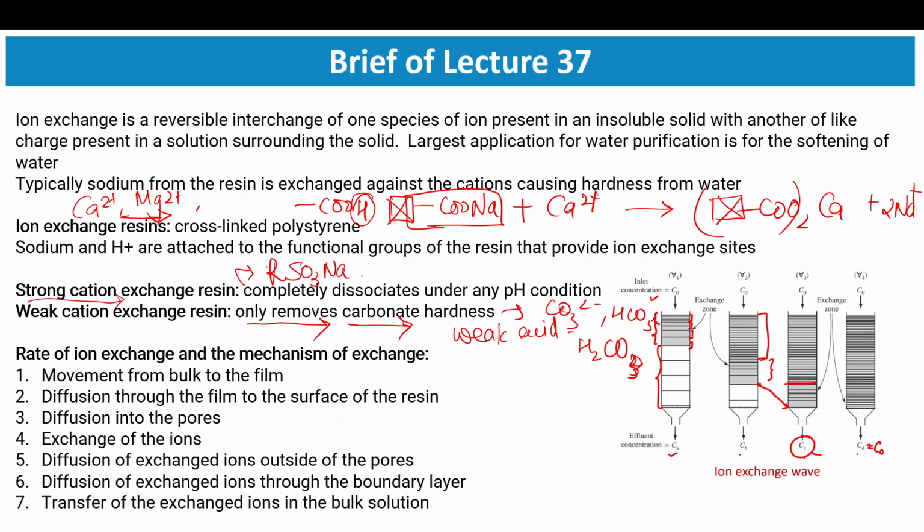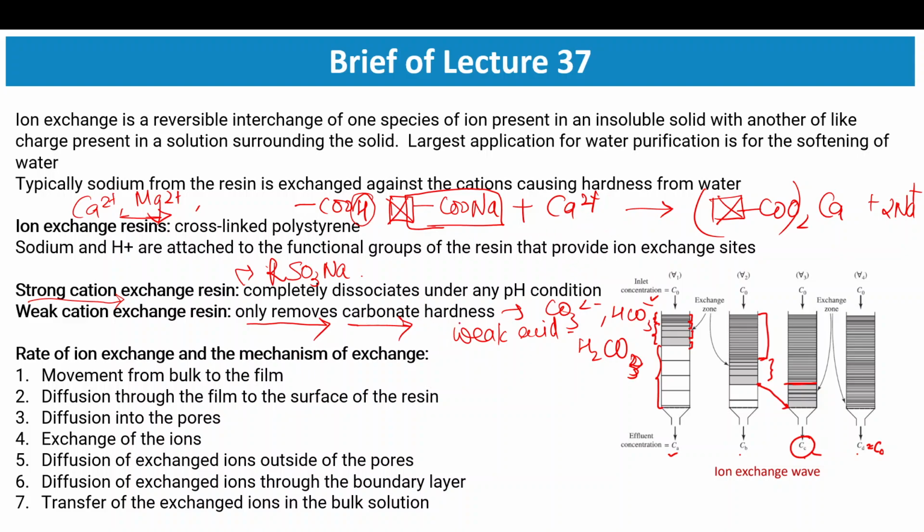Next is the mechanism and the rate governing step for an exchange process. As we have seen in the adsorption process also, the steps are similar. So first is the movement from the bulk of the solution to the film of the hardness causing cation.